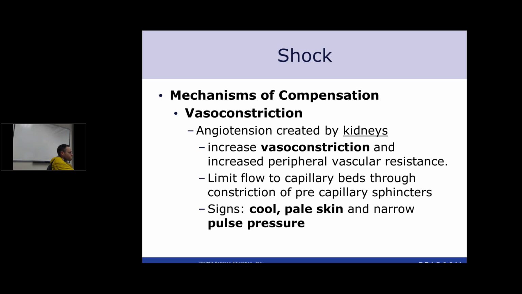Uh-huh. Okay. I was just confused because... wait, the RAS system? Oh, okay. Double A. Yeah, okay, so not reticular activating system. It's the renin, angiotensin, aldosterone, whatever. Yes, that's that system.